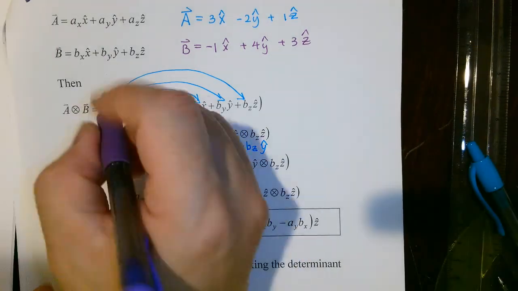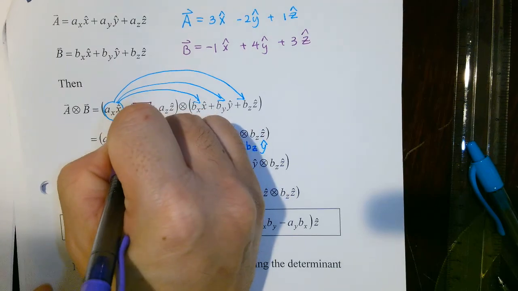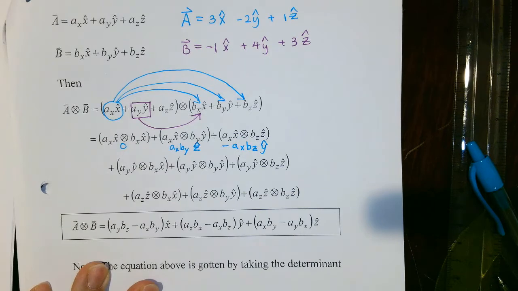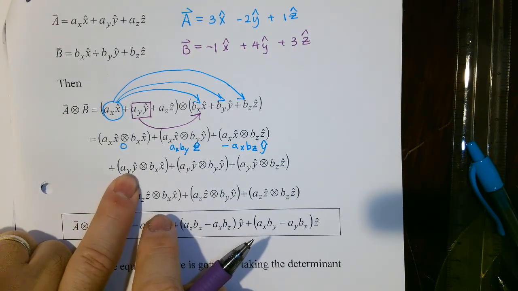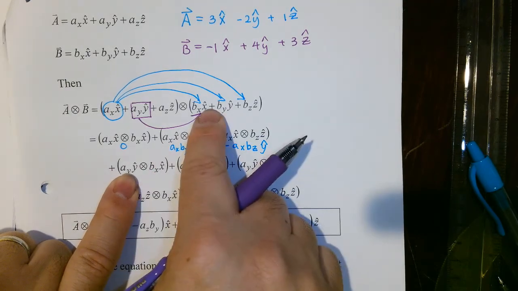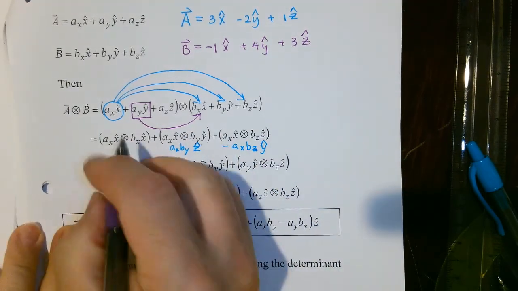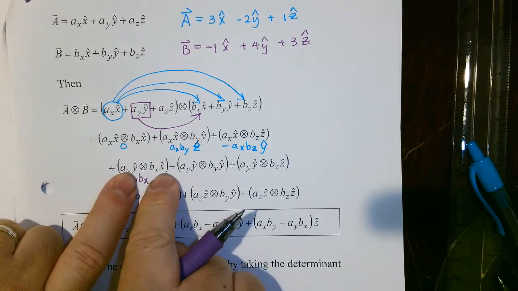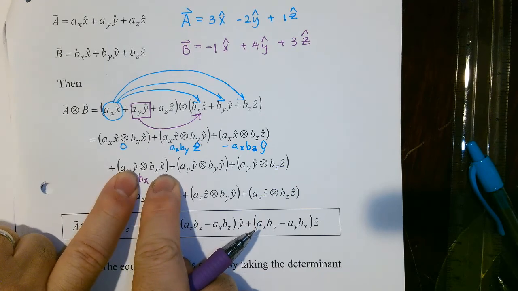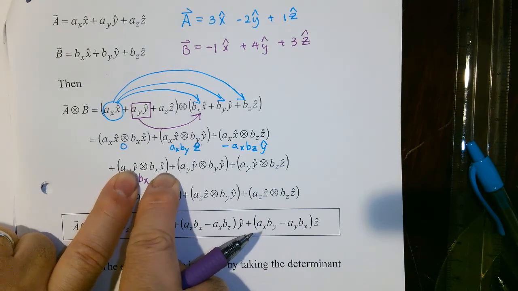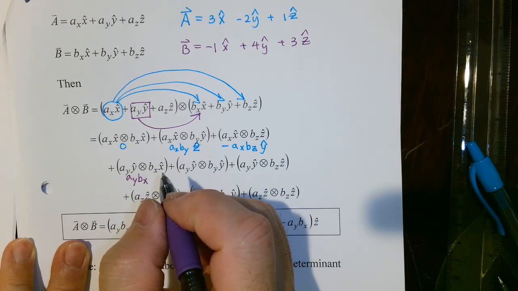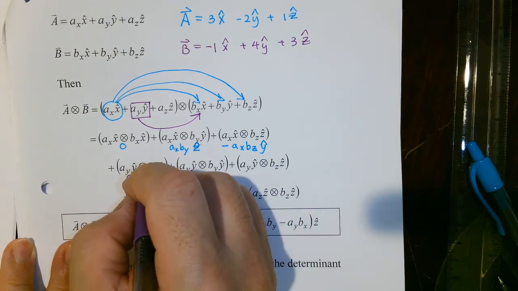Now let's do A_y y hat cross B_x x hat. A_y y hat cross B_x x hat will produce A_y B_x times sine of 90, which is 1, and y hat cross x hat will give us negative z hat.